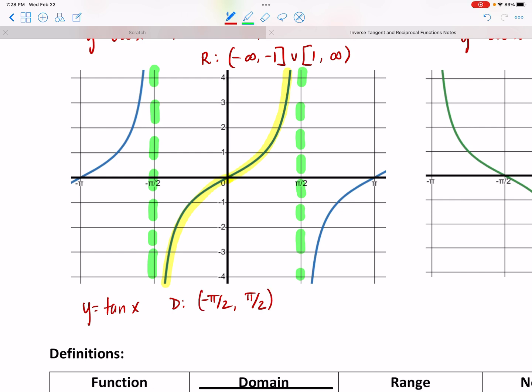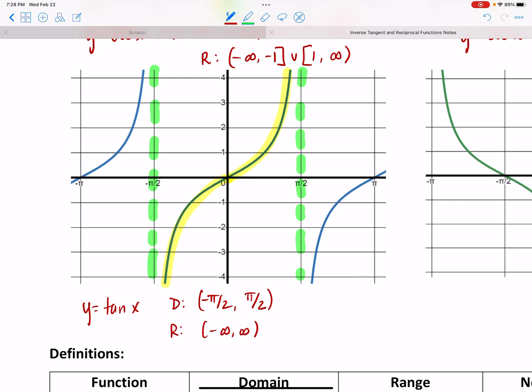All right, so there's our domain. And the range, we see this graph go up and down forever, so we have an infinite range, which means when we go to look at the inverse tangent, we're going to have an infinite domain. Here we have an infinite number of options for outputs. For inverse tangent, an infinite amount of inputs are going to be possible.